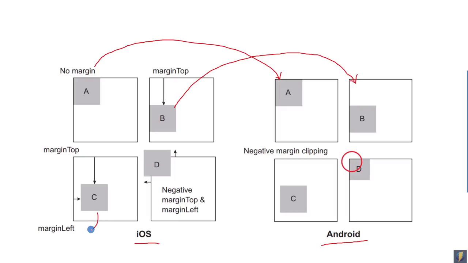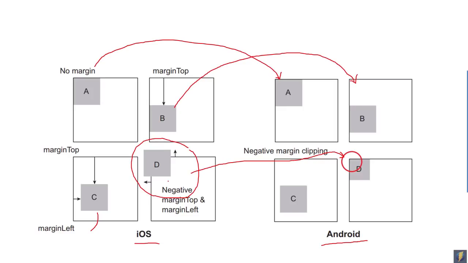The third one is the same too, but if you have a negative margin, things change. For iOS, if you have a negative margin, the component will go out of the parent box.